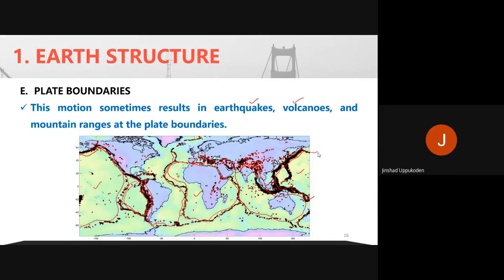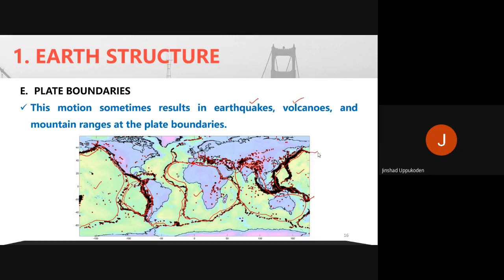If there are no more questions, we'll wind it up. There is one thing where I think I made a mistake. I told you that as the P waves and S waves reach the surface of the Earth, a part of that will get transformed to surface waves.